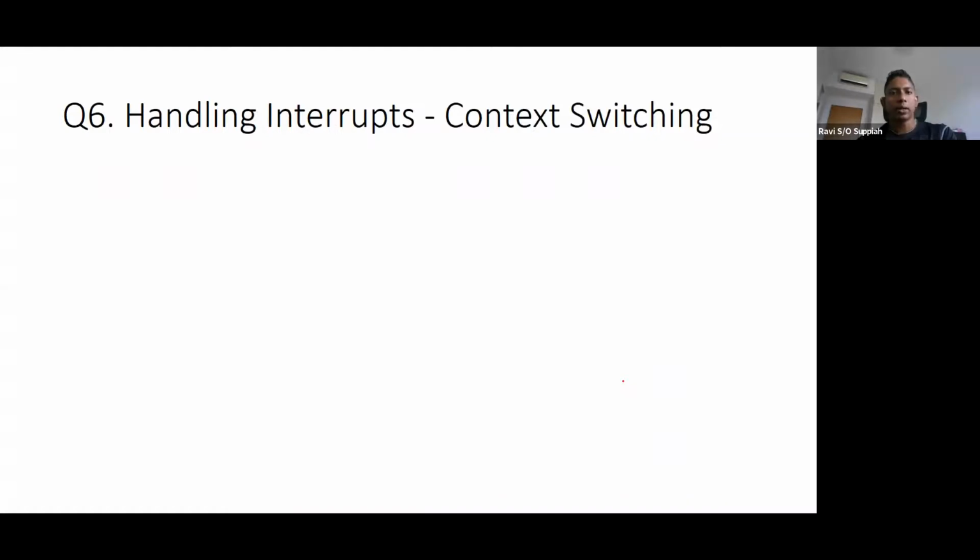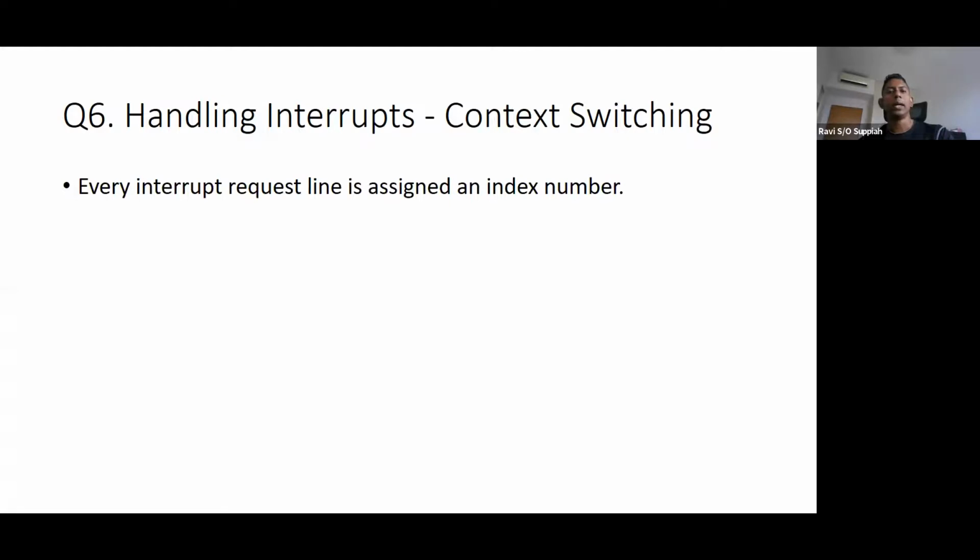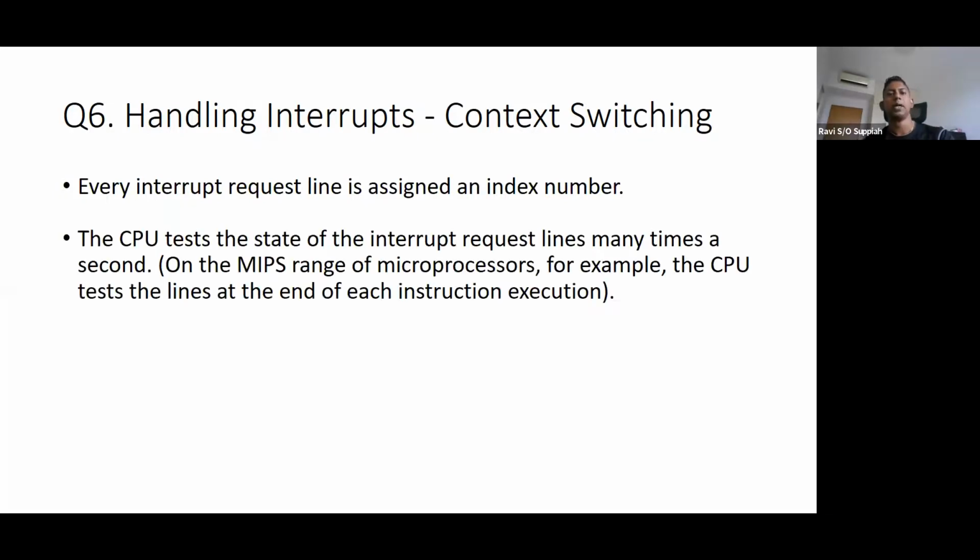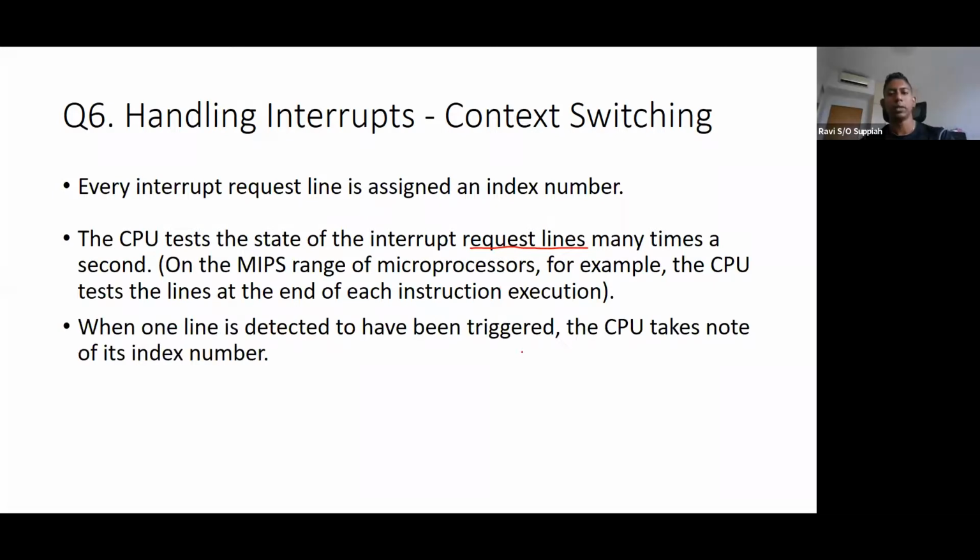Okay, so now let's look at the context switching. Just now I talked about the saving and restoring. Now every interrupt request is assigned a number. That number is the number associated with the interrupt vector table. What the CPU will do is test whether the interrupt request line of that particular peripheral has been activated, whether interrupt 0 is activated or interrupt 1 is activated and so on.